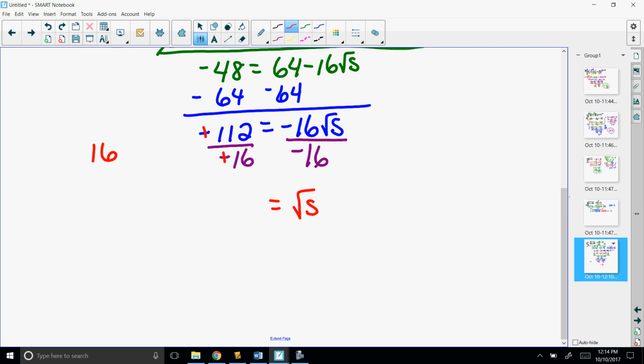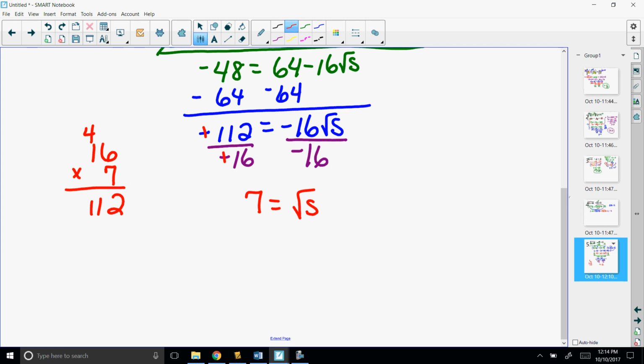I need 16. I need to multiply 6 times something that ends in a 2. 6 times what ends in a 2? 2, which is 12. 7, 6 times 7 is 42. So 112 divided by 16 is 7.